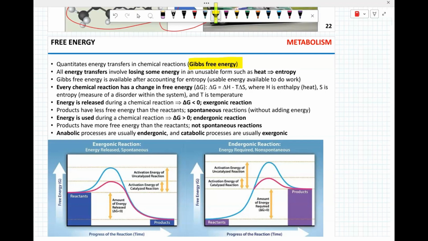All energy transfers in the cell involve the loss of some energy in its unusable form, meaning lost as heat, so-called entropy. Gibbs free energy is the energy available after accounting for that heat loss, for that entropy. In other words, Gibbs free energy is the usable energy that is available for doing work.